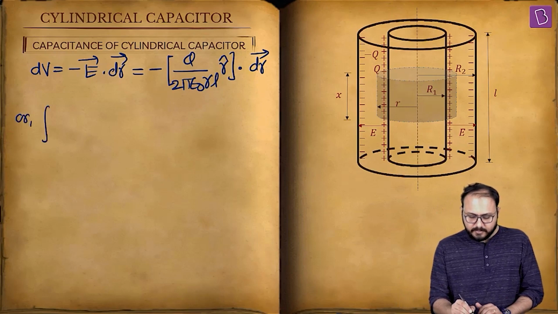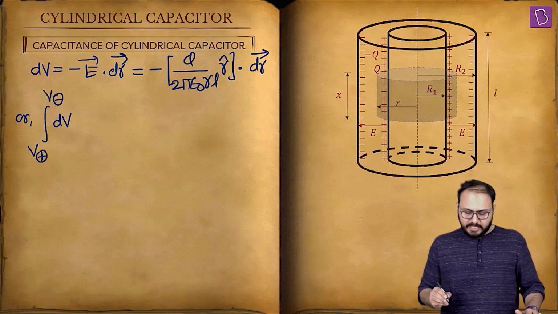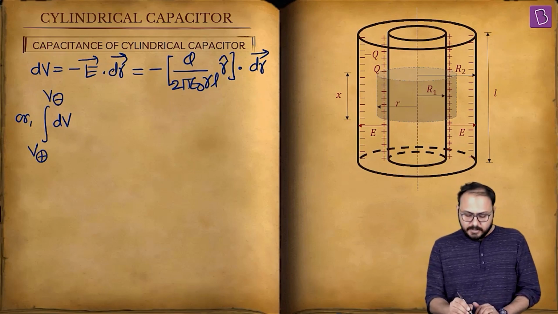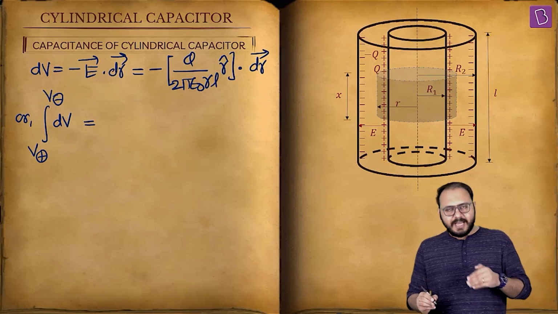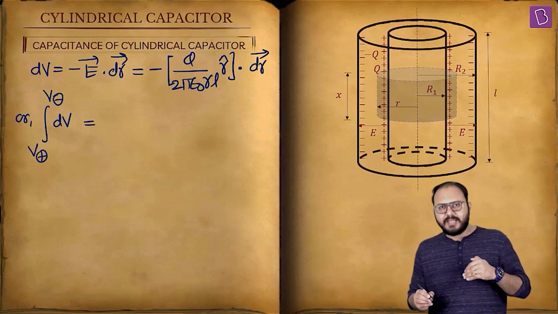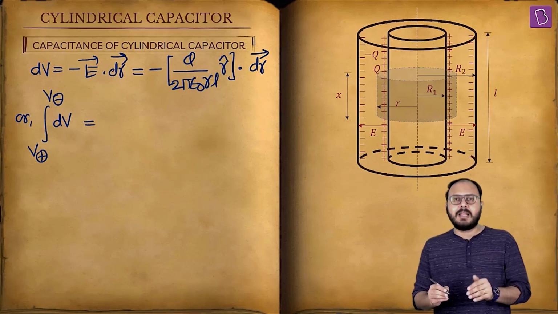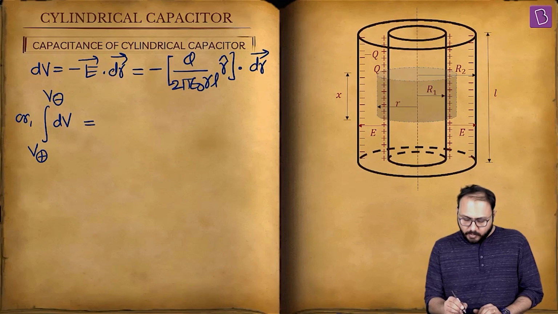Or dV, you are going from inner to outer, right? So V plus to V minus. I hope that's not a problem. Now dr vector and r cap both are in the increasing direction of the radius vector, so they both are parallel. So cos theta for the dot product is equal to 1. So what comes out? Minus comes out.